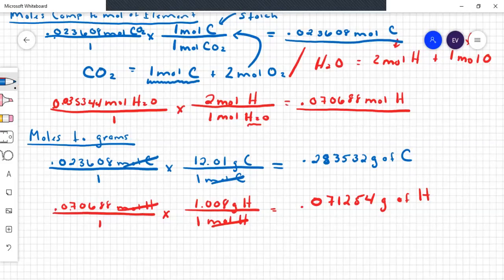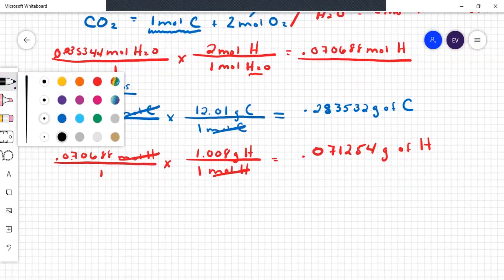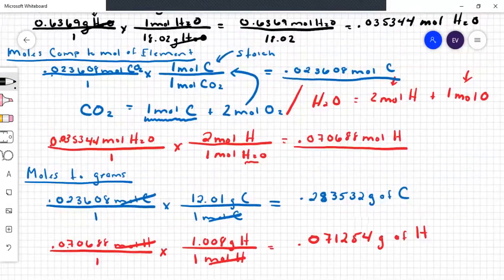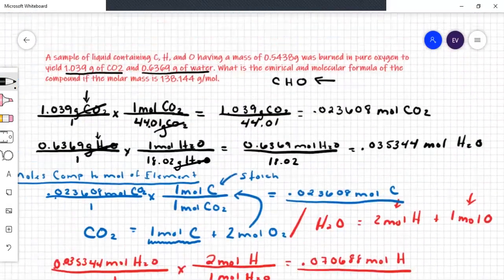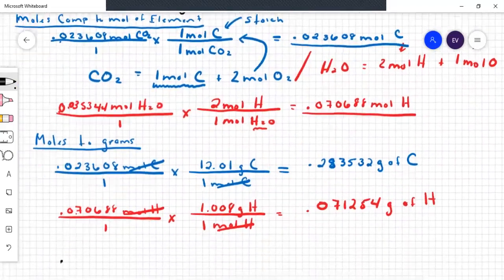Now, the reason we needed to figure out grams is this. We were given a mass at the beginning. We're saying that the sample had a mass of 0.5438 grams.